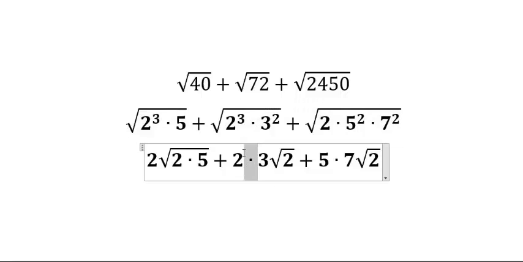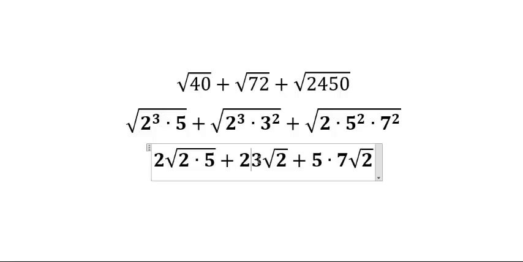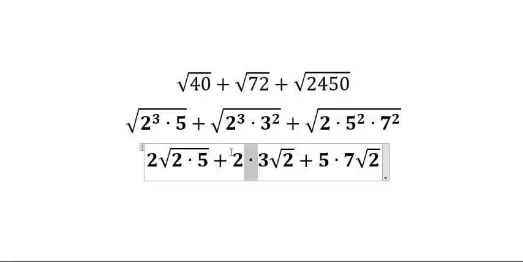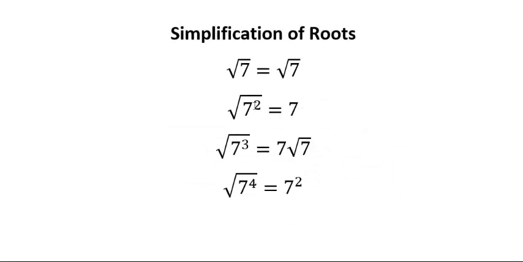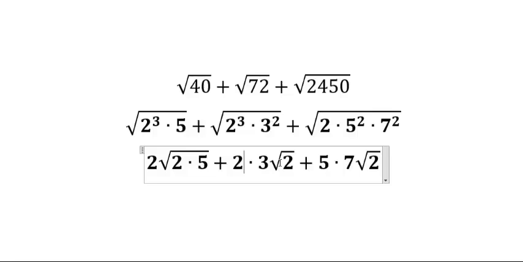I separate them with the dot, because if I get the 2 outside and the 3 outside and I don't put anything, it's going to look like a 23, but it's not a 23. It's a 2 and a 3. So I have to separate them with a multiplication sign. Because the 3 is raised to the power of 2, it comes outside completely, and there is no number 3 left inside the square root anymore.